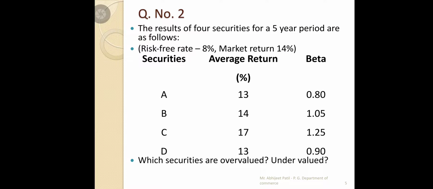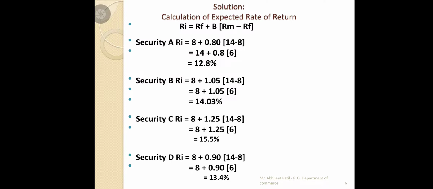Rm is given, the market return is 14%, so 14 minus 8 gives 6, into 0.8, plus 8, we get 12.8%. So it is 8 plus 0.8 into 6, total 12.8.